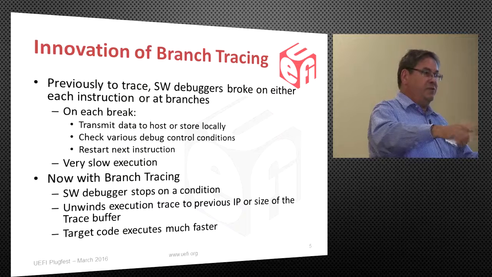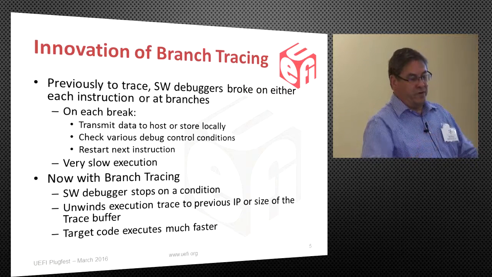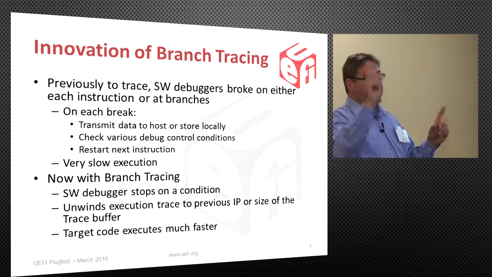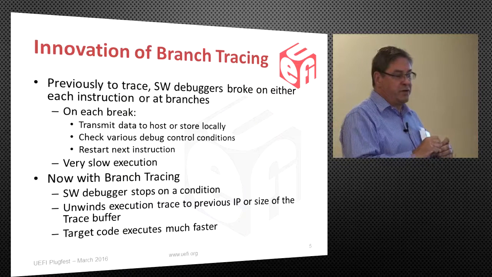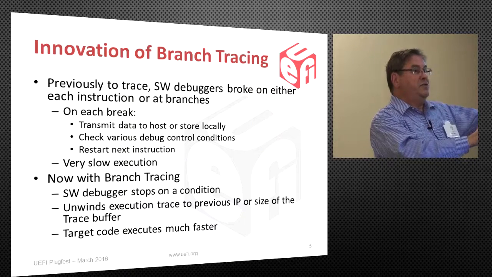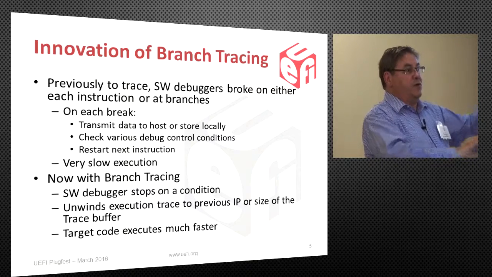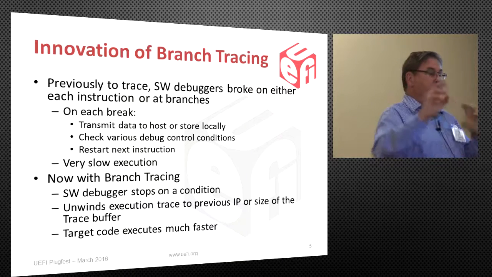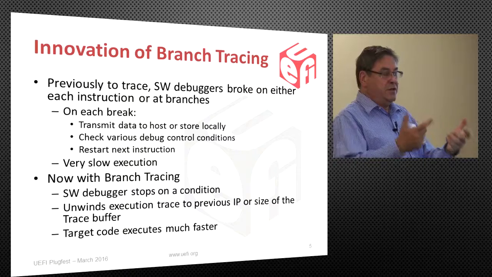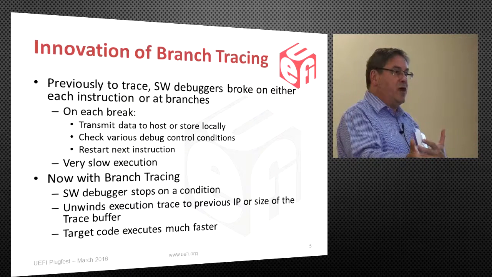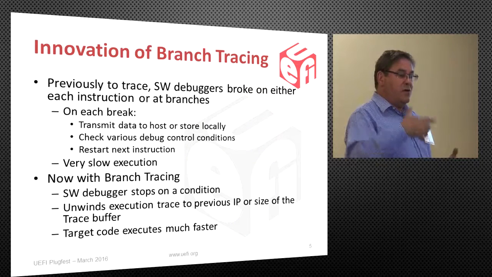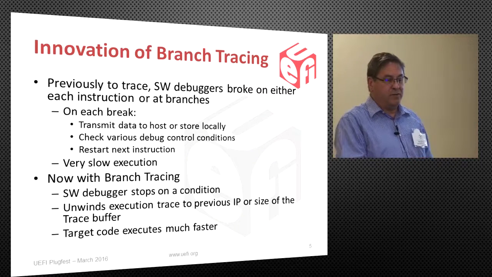In some cases, you'd save it in a local buffer. And then you'd look at various debug control information and ask: did the user want me to break at this point, or do I need to just go on? Does he have some condition set up so that they want me to break on an AL register equals some value, or a particular write to an IO location?